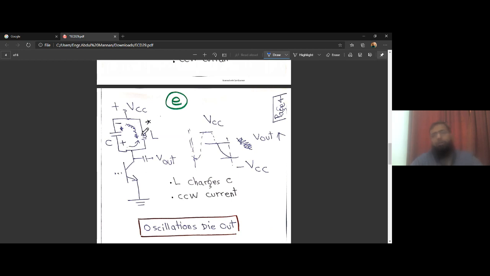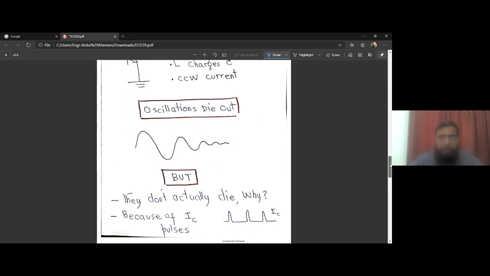So in these five steps, numbered from A to E, the sinusoidal wave that we get at the output is like this. It starts from minus VCC, goes to plus VCC, and again comes back to plus VCC. If there is no continuous supply of current pulses, the output voltage would go down and finally be equal to 0.